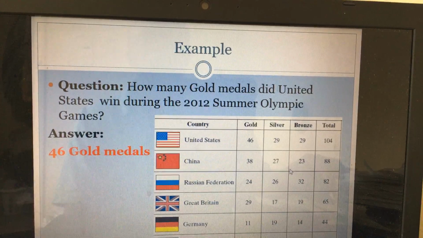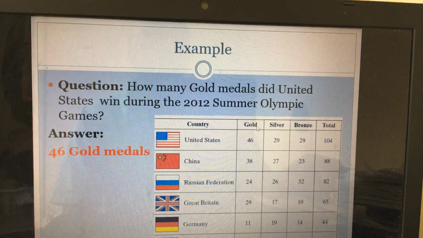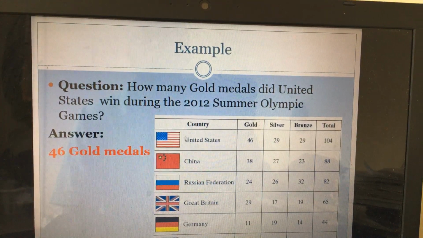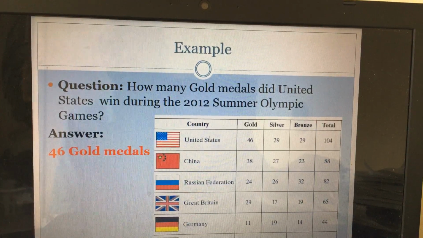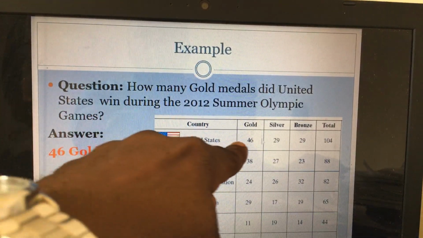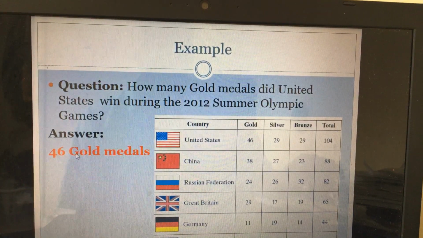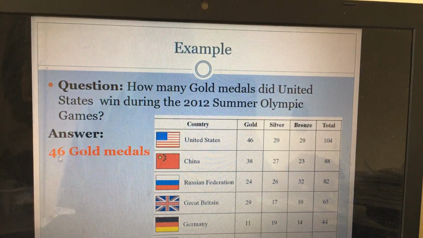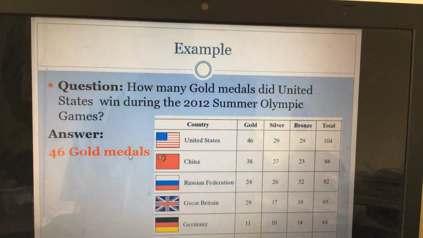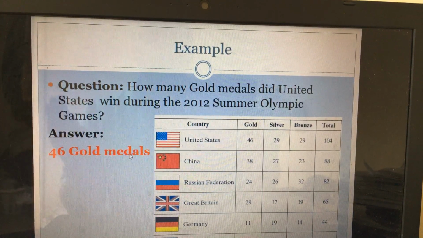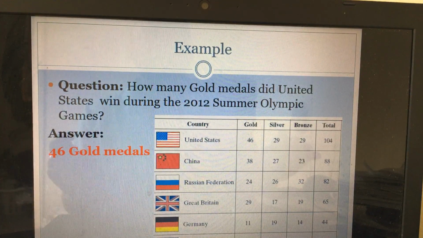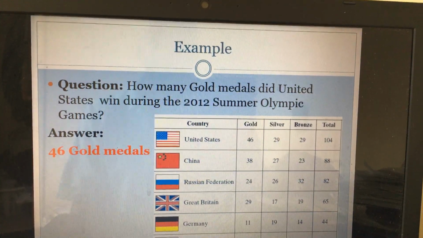Okay? To answer this, we look at the table right here. See, this is United States right here. You can see USA right here, and this is the gold, the 46. So the answer becomes what? The answer becomes 46 gold medals, which means that the United States won 46 gold medals during the 2012 Summer Olympic Games.